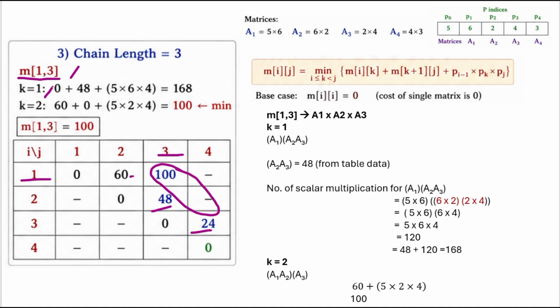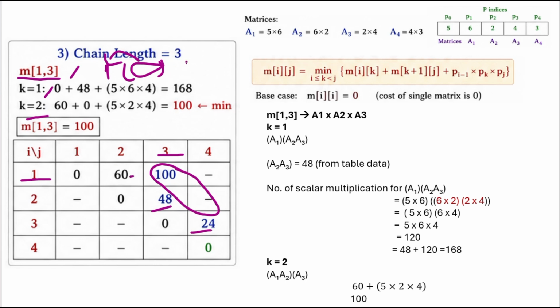K1 means we split the chain after A1 first. So A1 is there, then 2, 3. We perform this part first, then multiply with the first matrix.